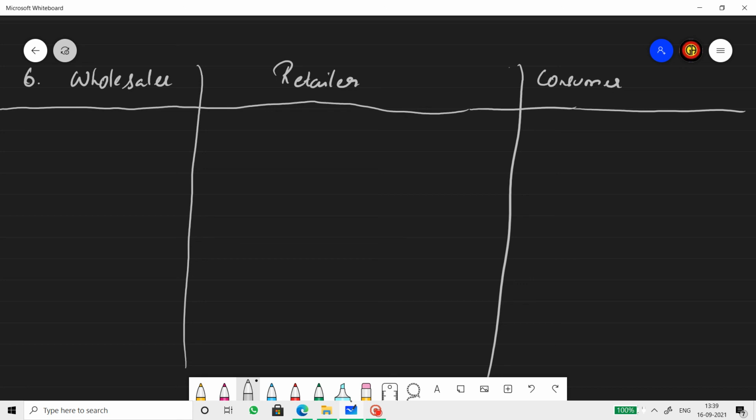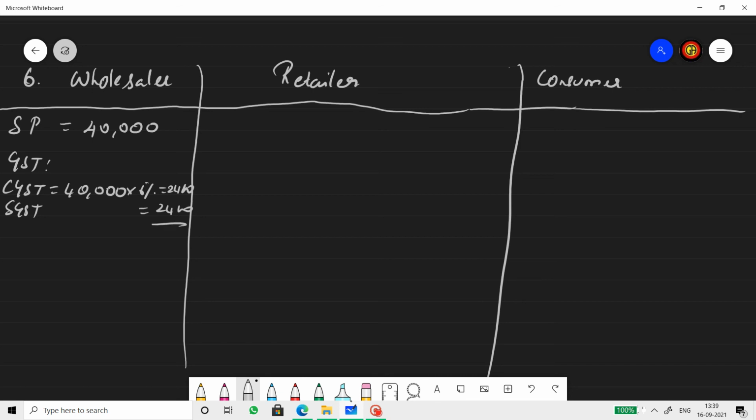Now, the selling price of the wholesaler is 40,000. So GST here, CGST equals 40,000 into 6%, half of 12, which works out to 2,400. So again, SGST is also the same 2,400. So this is 4,800.